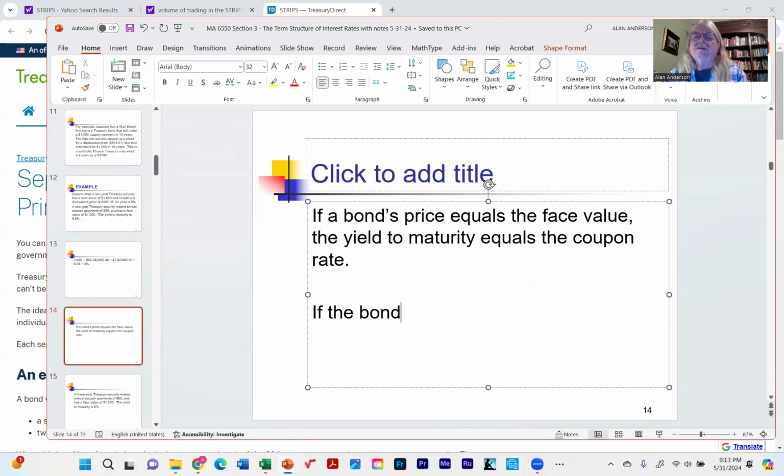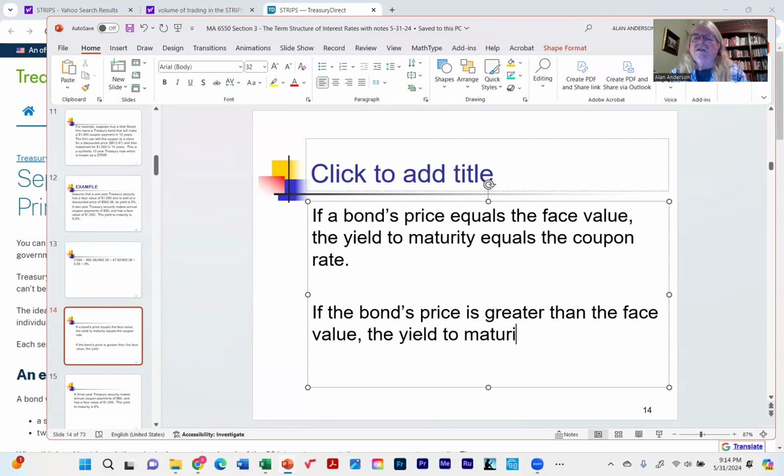If the bond's price is greater than the face value, yield to maturity is less than the coupon rate. Now, why do you suppose that is? Because when you buy that bond, you're paying more than $1,000, but at the end, you're only getting $1,000 back. So that means you're going to eventually suffer a capital loss, which reduces the yield of the bond.